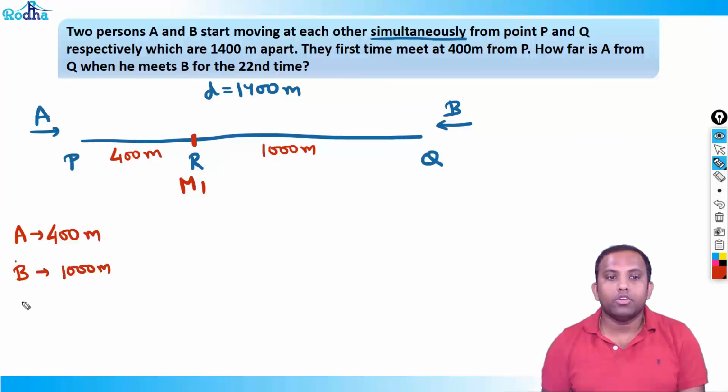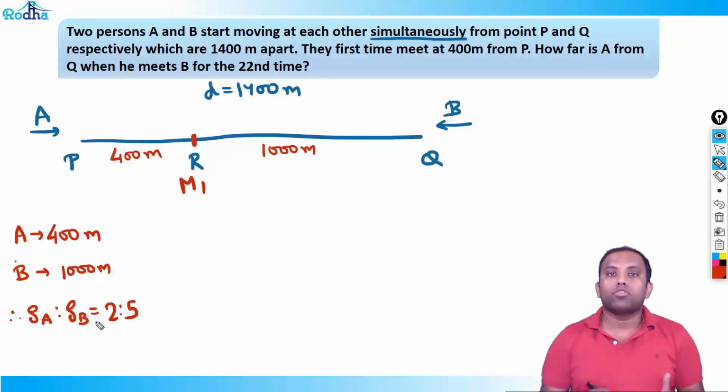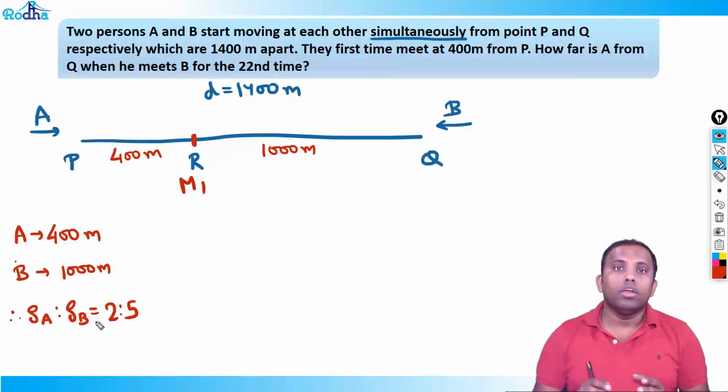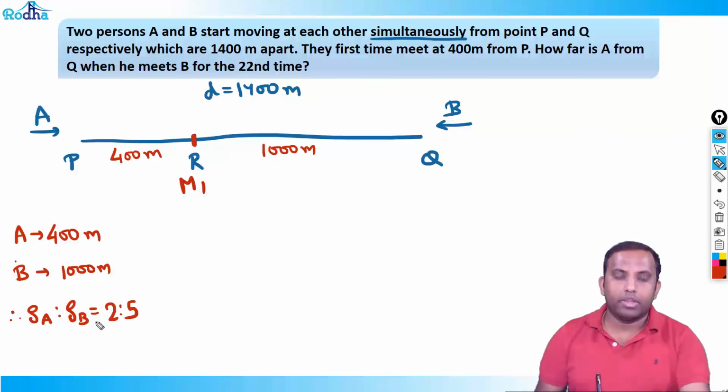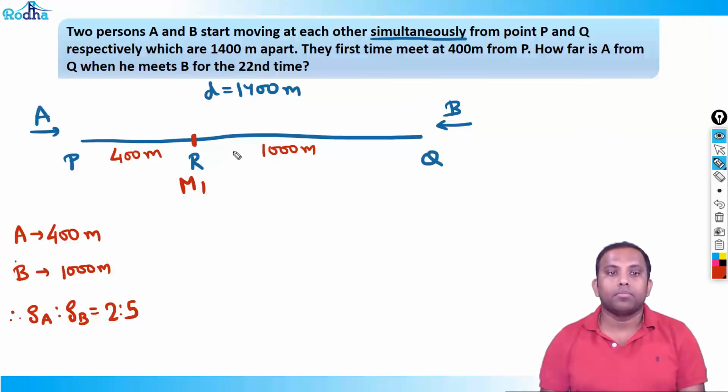So what is the speed ratio, speed of A to speed of B? It should be 2 by 5. So 2 is to 5. Same as the distance ratio, because time is constant. So speed ratio is equal to distance ratio. 2 is to 5. Okay, this is the first part.